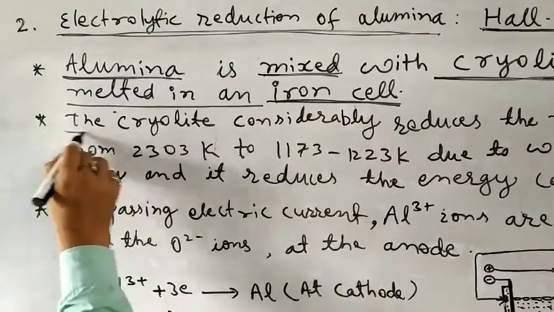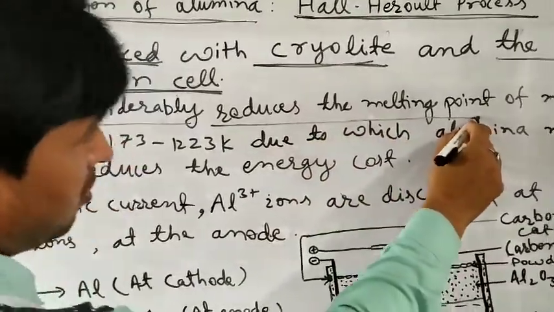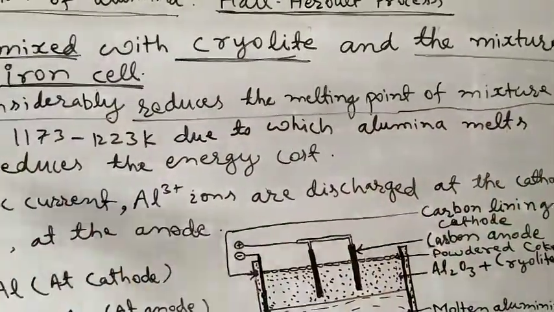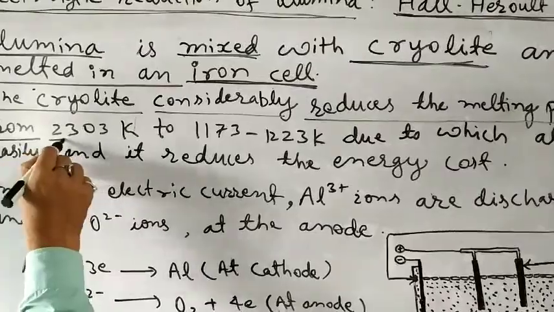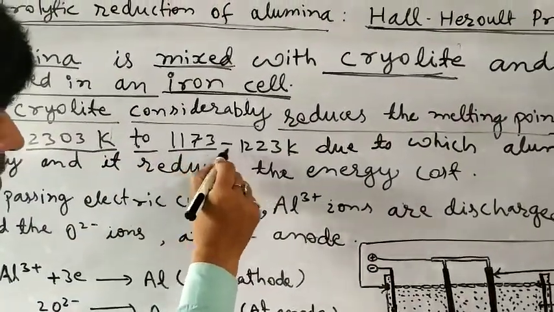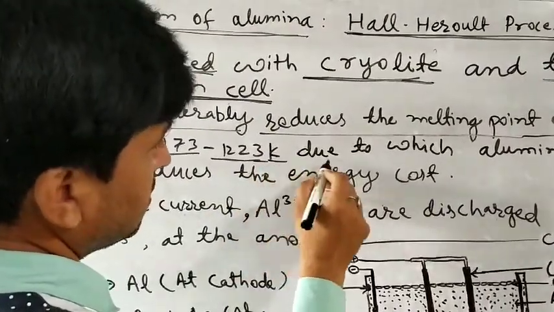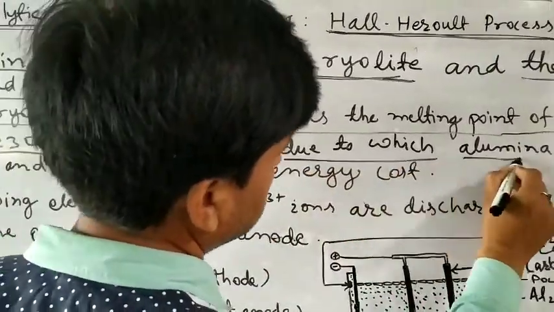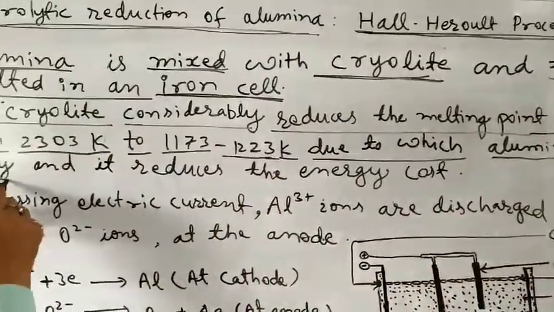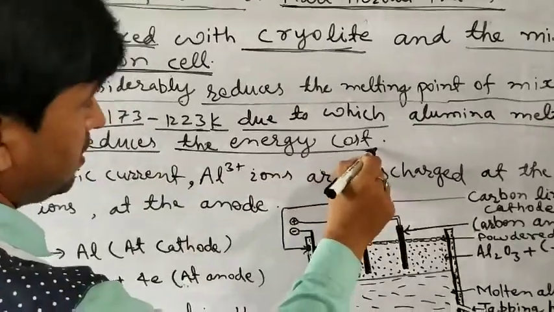The cryolite considerably reduces the melting point of the mixture from 2303 Kelvin to 1173 to 1223 Kelvin, due to which alumina melts easily and it reduces the energy cost.